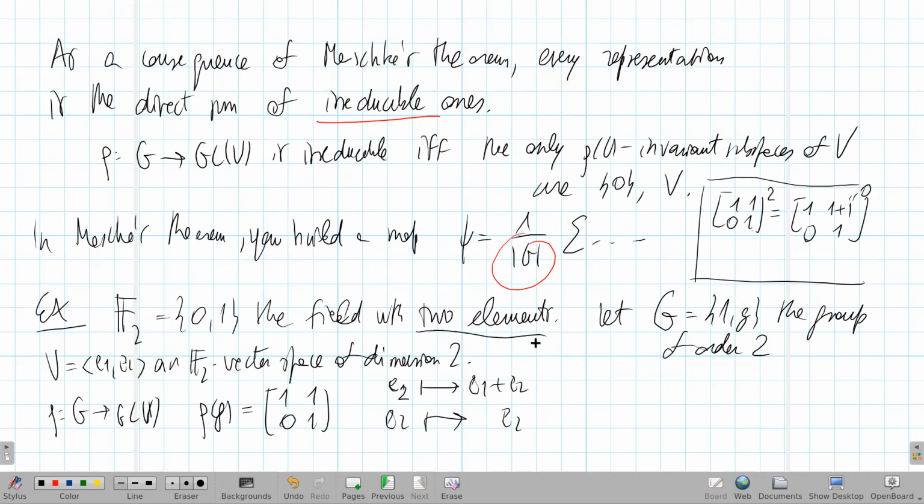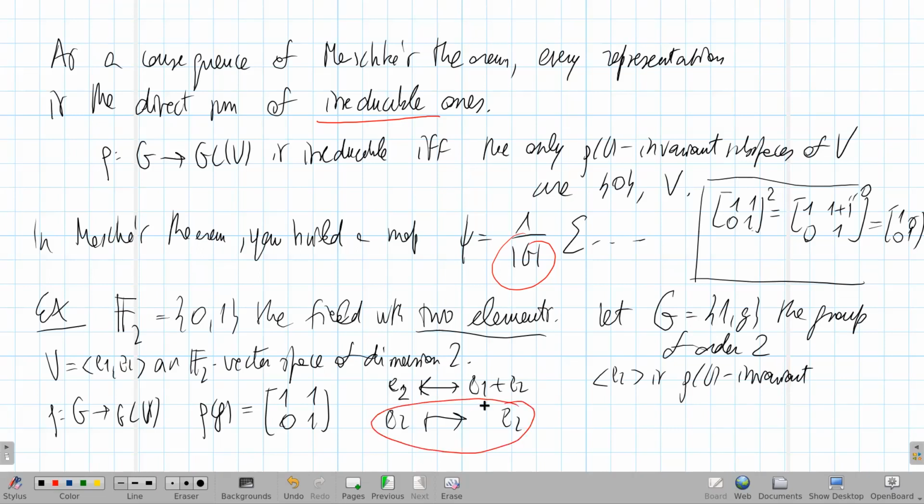It's the field with 2 elements. So this is the identity, and so this element has order 2 indeed. So this means that, being of order 2, this map sends E2 to E1 plus E2, and conversely. Now you know that E2 is rho(G) invariant. This is written here.